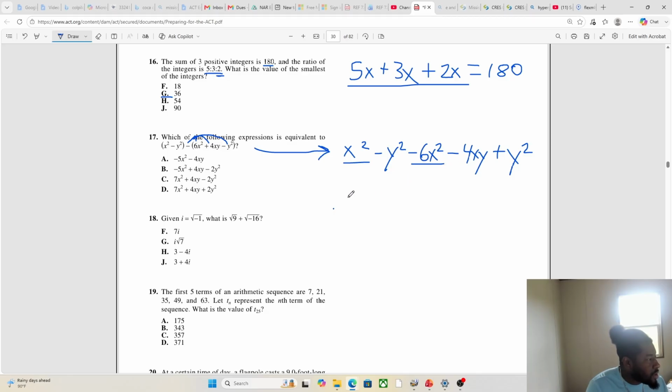I got x squared minus 6x squared, so it's understood one there. 1 minus 6 is negative 5x squared. The y squared terms, negative 1y squared, positive 1y squared, cancel. And then we just have minus 4xy. I think that's A. Yeah.